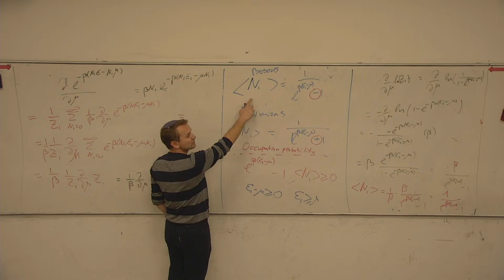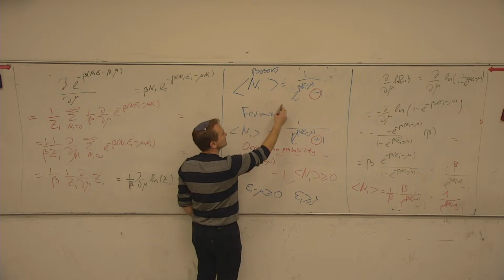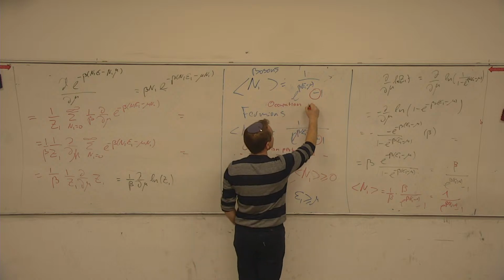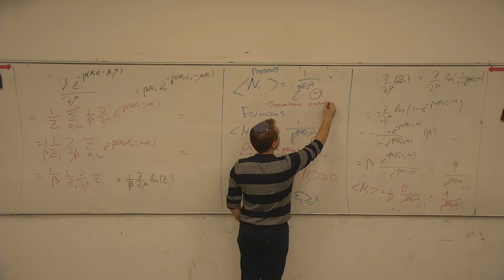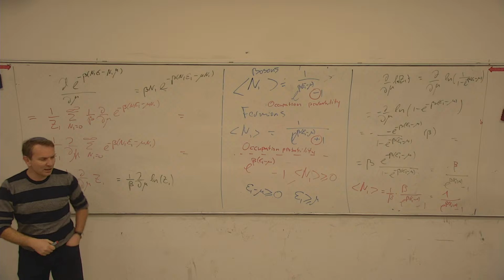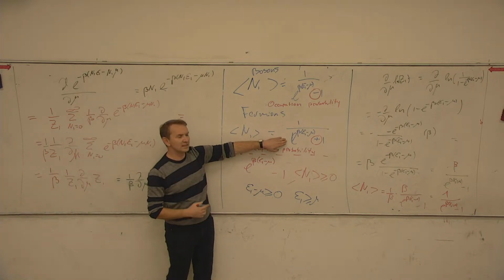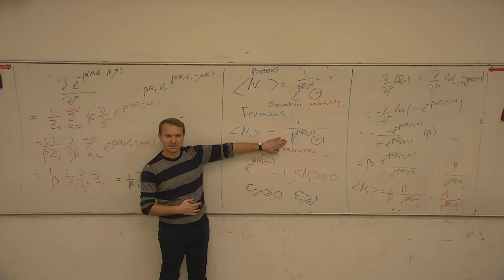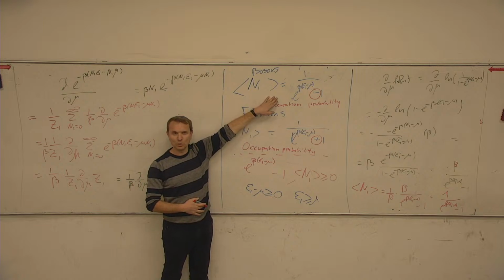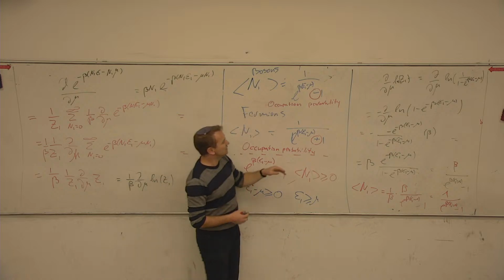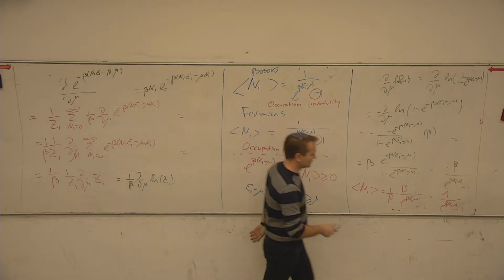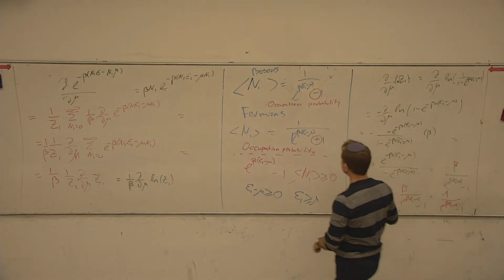Sometimes we refer to this quantity over here also as occupation probability. And in all the different calculations, previously we used this as what? As Fermi statistics, right? This is going to be Bose, and usually called Bose-Einstein statistics, okay? So this is Fermi statistics, this is Bose-Einstein statistics.